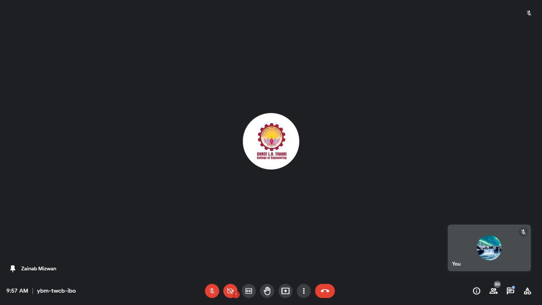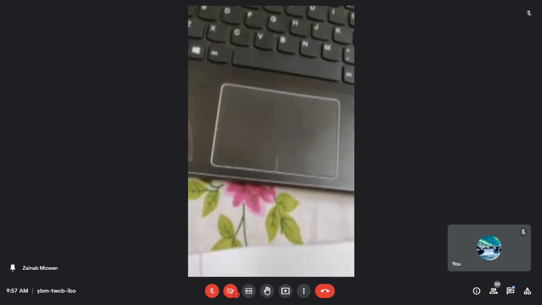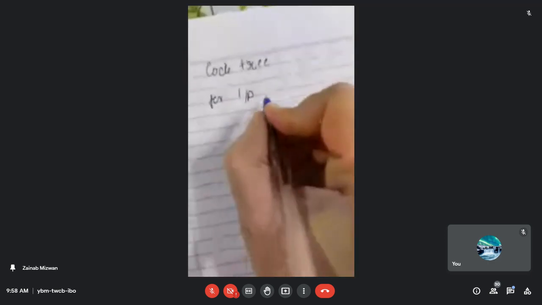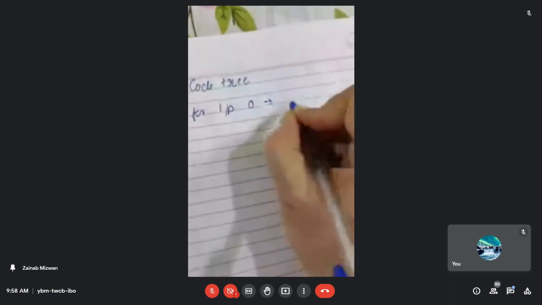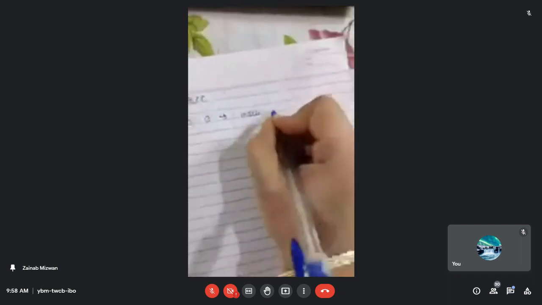So when I'm going to draw a tree, we know that a tree will have a trunk, we will have the branches, and then we will be moving in some direction. When we move towards the trunk, we have to move in the downward direction. When we move towards the branches, we have to move in the upward direction. So just I am showing you, for input 0, move upward.